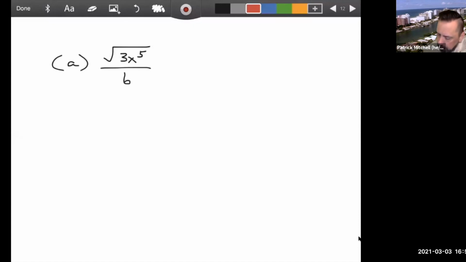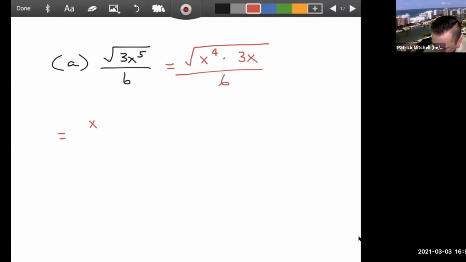So starting with the square root of 3x to the 5th over 6, the first thing I would do is simplify that radical. There is a perfect square factor x to the 4th hiding in there. 3x would be a leftover. I break that x to the 4th out, it becomes x squared. Okay, so remember I'm rationalizing the numerator.